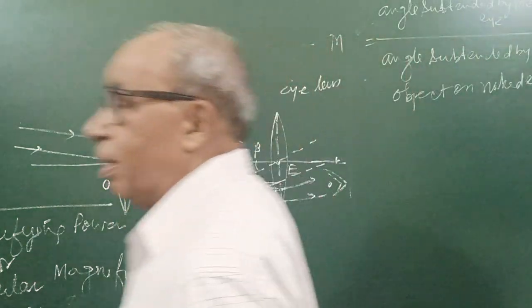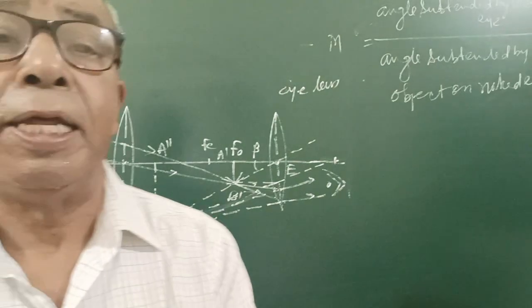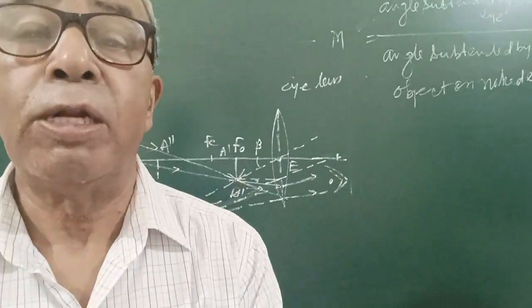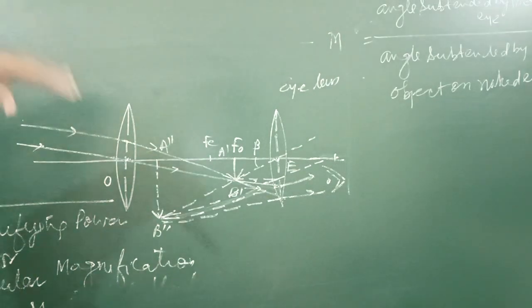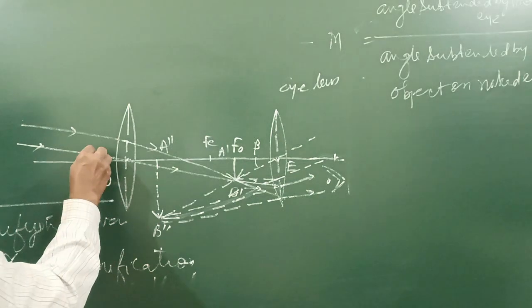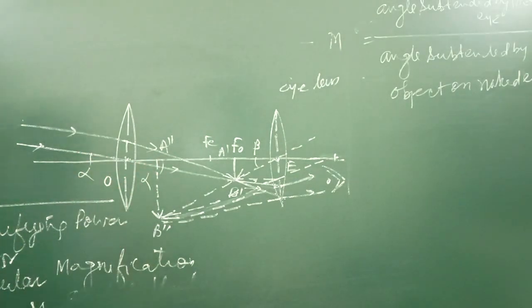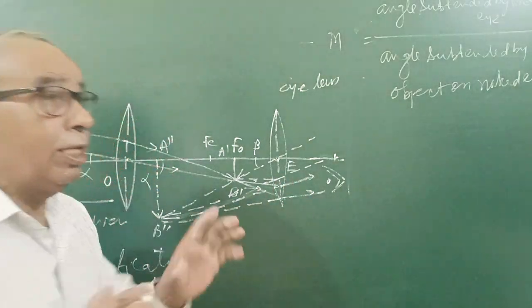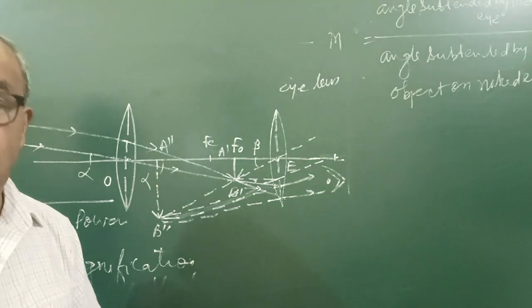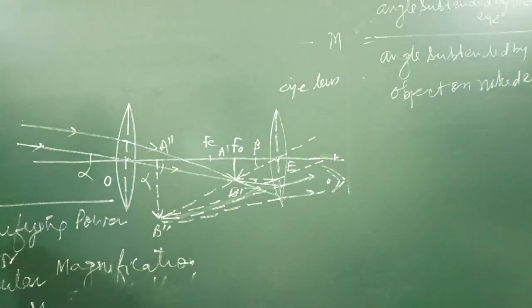The distance between the objective lens and the eye lens may be of the order of a few meters only. The distance of the object is very large, so the distance between objective lens and eye lens is very small. So we take alpha as the angle subtended by the object on the naked eye, because whether you see the star from the ground floor or the top floor of a building, you will find no difference.